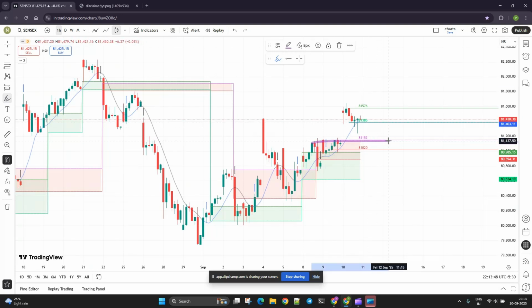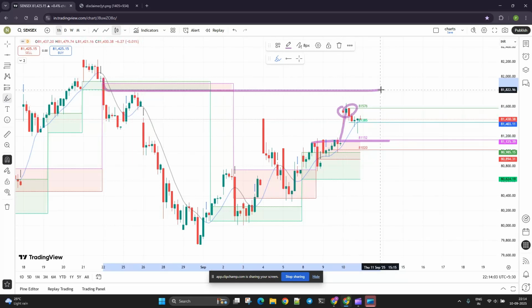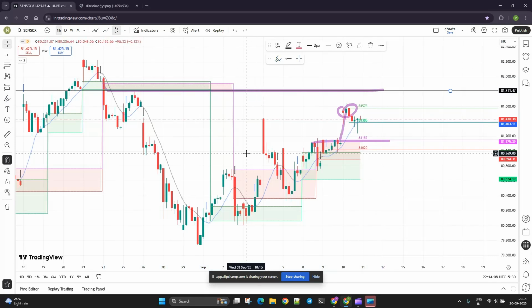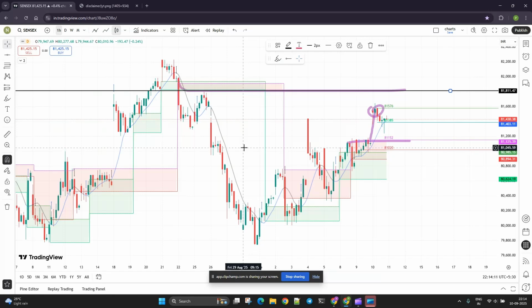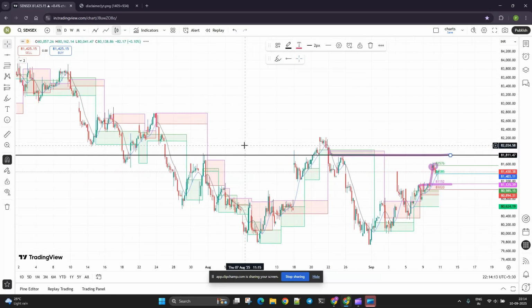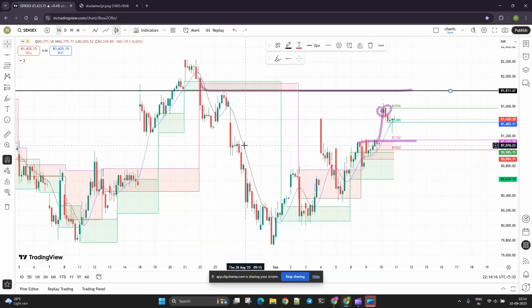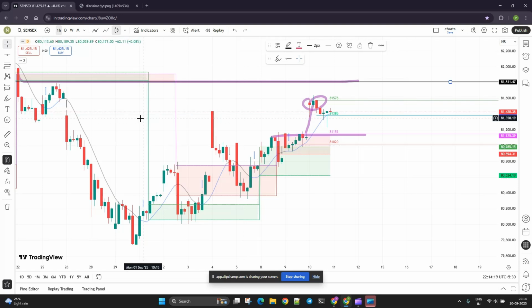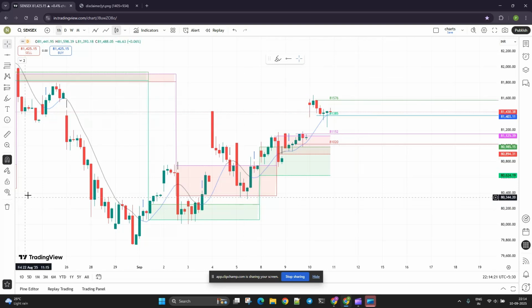The supply zone breakout happened, and that gave a good buy, sorry, good buy or a carry, and this gave me this. There's some 81,800 there for longs. Sensex first target for me will be 81,800.